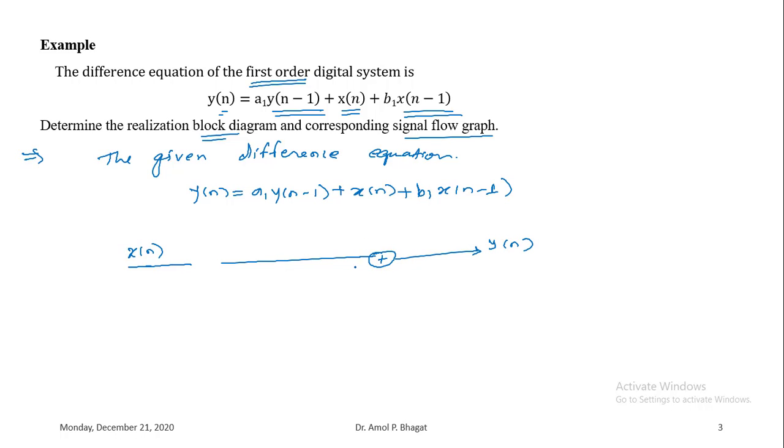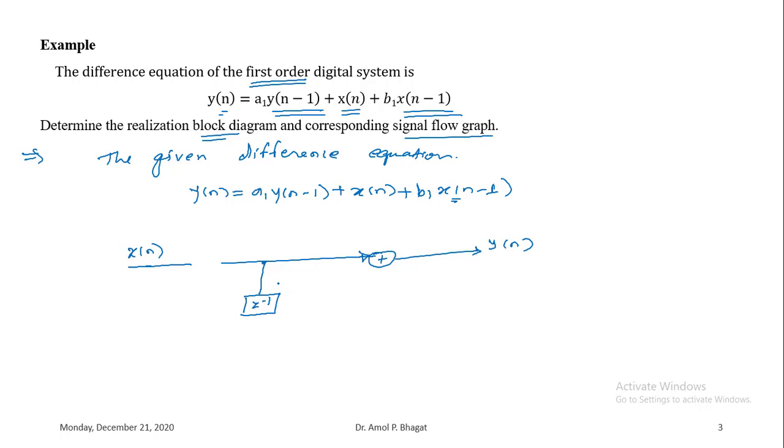This x of n is simply added here, with what you can say is the delayed version, x of n minus 1. For taking the delayed version of x of n, we will be using a delay element.